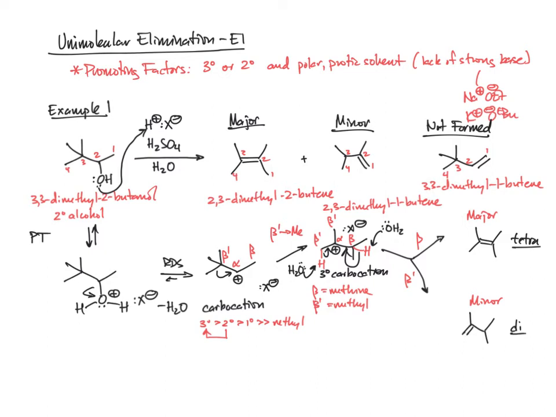Now, the reason that we do not form this is because we're simply doing an elimination from this secondary carbocation. So you can see that at this beta carbon, there's a hydrogen, and if the base comes along to deprotonate, we form the alkene here, which would form that. So if you think about the rate at which these things happen, the rate at which this secondary carbocation rearranges is much faster than the elimination event from this position.